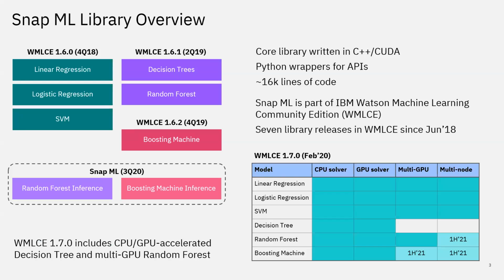So this is an overview of the SnapML library today. Starting from the top left, the SnapML library was started with generalized linear models, in particular linear and logistic regression and support vector machines. We implemented accelerated CPU and GPU solvers for those.